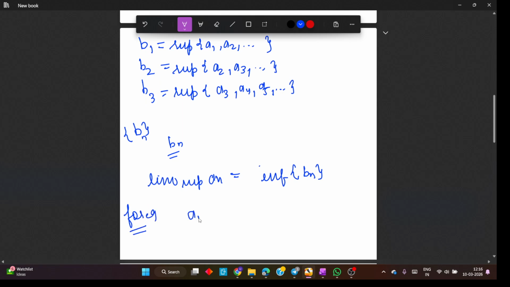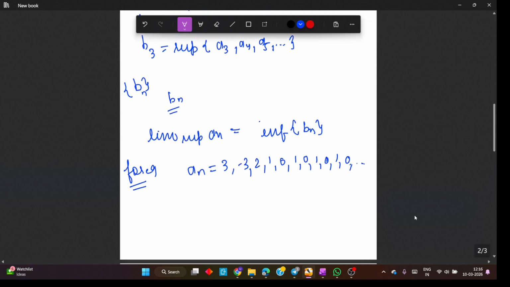For example, suppose we have the sequence a_n which is 3, -3, 2, 1, 0 and then 1, 0, 1, 0, 1, 0 and so on. What is b1 here? B1 is the supremum of all the sequence terms of a_n, so the supremum would be 3.